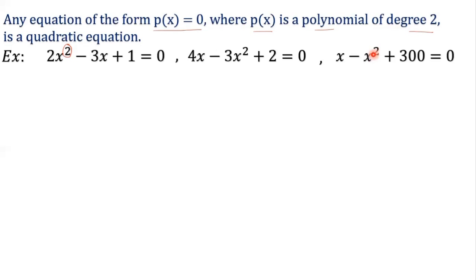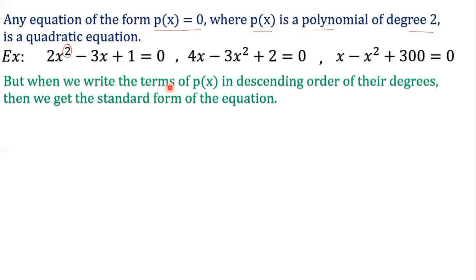So, these are all quadratic equations. Any equation of the form p of x is equal to 0, where p of x is a polynomial of degree 2, is called a quadratic equation.